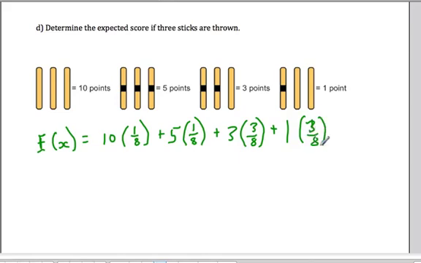So if we simplify this, this is going to be 10 out of 8, 10 eighths. This is going to be 5 eighths. This is going to be 9 eighths. And this is going to be 3 eighths.